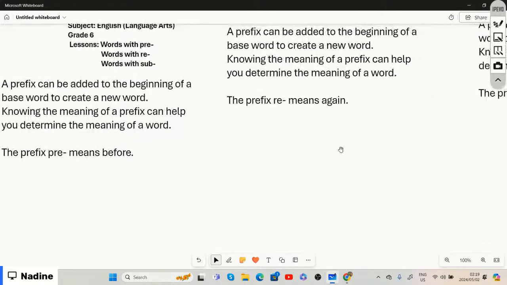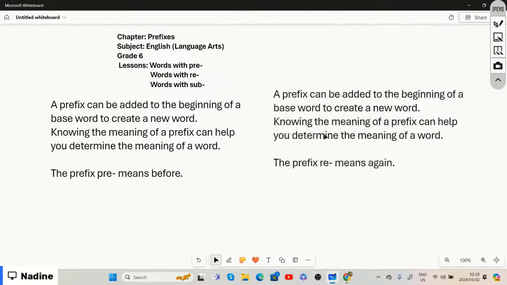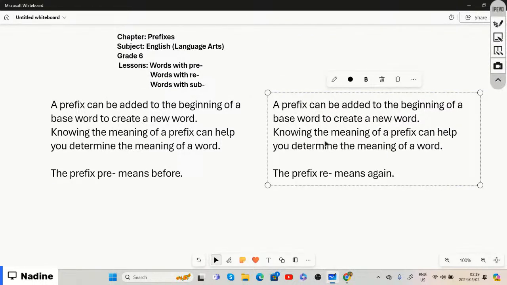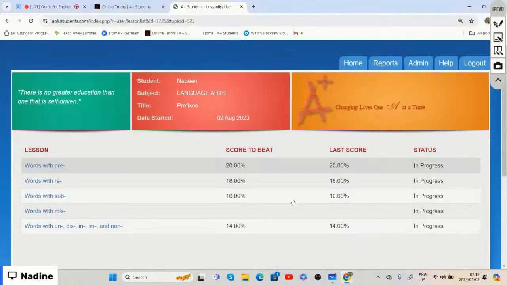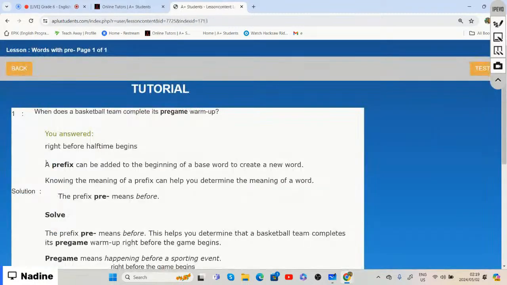All right. So now we're going to our tutorial. We're going to do a tutorial lesson on aplusstudents.ca, where we're going to do our tutorial plus our lessons. We said our chapter is prefixes, and the first lesson we are going to is words with pre.